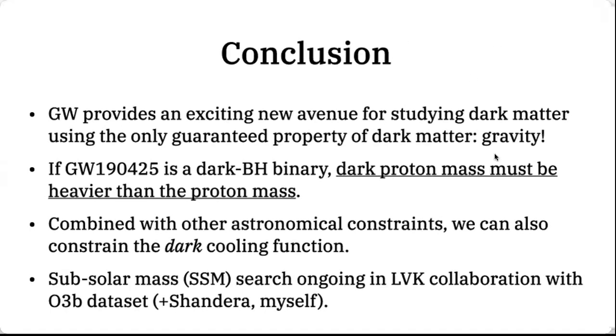The main ingredient of this idea is adding some atomic structure to dark matter to form a black hole. And we heard many talks about dark matter described effectively by a scalar field.